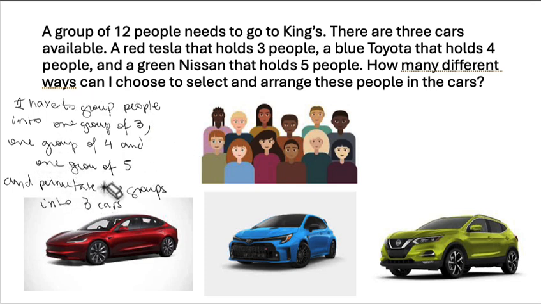So I will have to group the people, and then permutate the number of choices that I have, not the groups. All right, well, anyways, this problem has two parts. The first one, I have to group people, and then I will permutate. So let's focus on the first part, which is grouping, and let's then reason that.